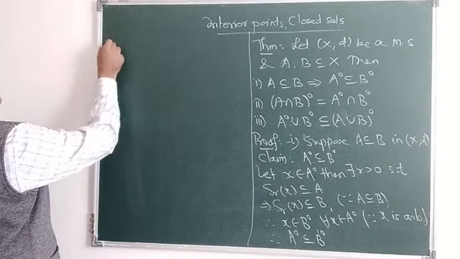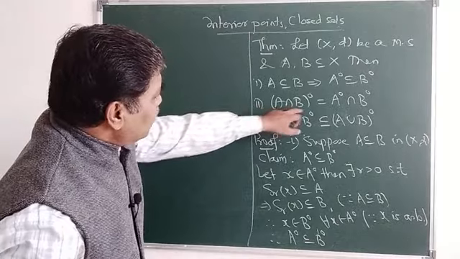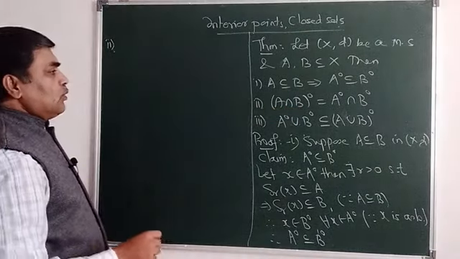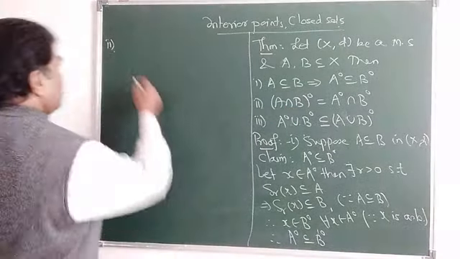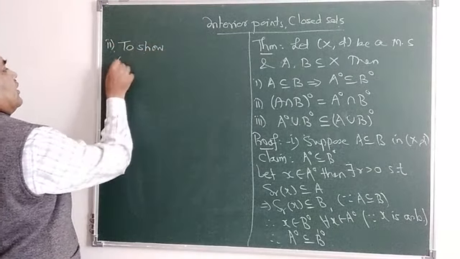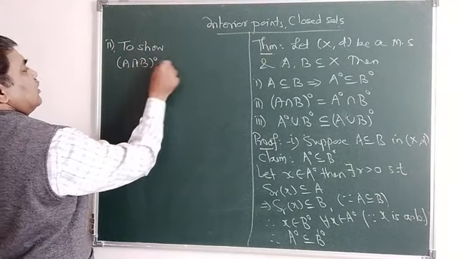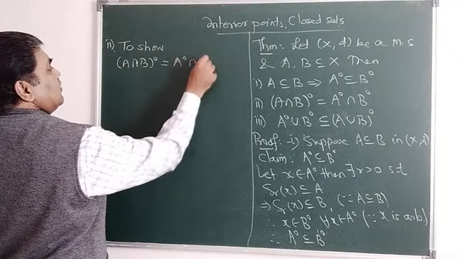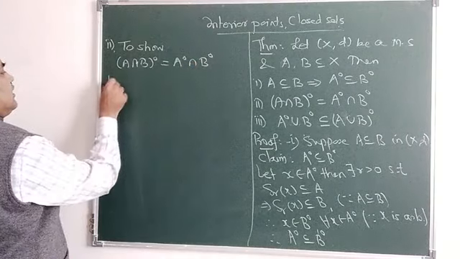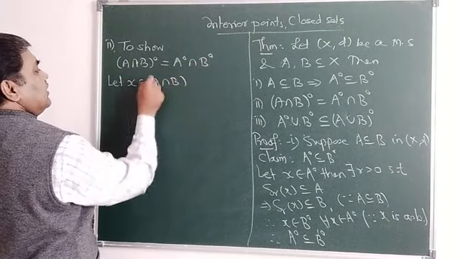Secondly, we have to show that the interior of the intersection of two sets is equal to the intersection of their interiors. To show: (A intersection B) interior is equal to A interior intersection B interior. So let x belong to (A intersection B) interior.